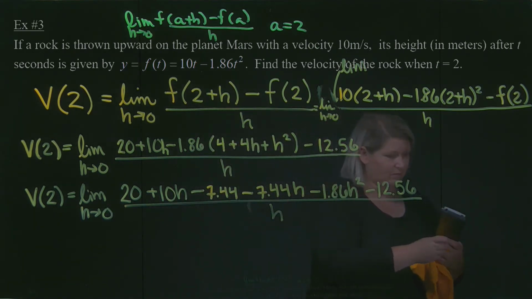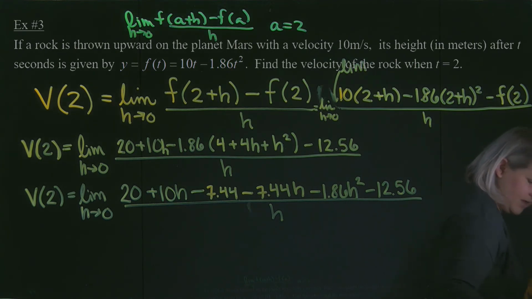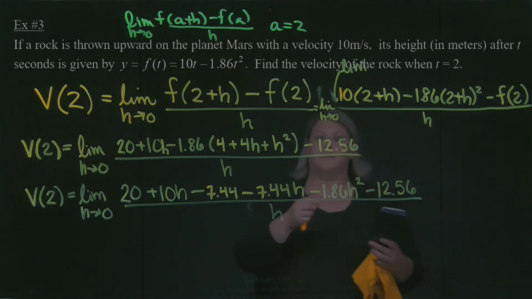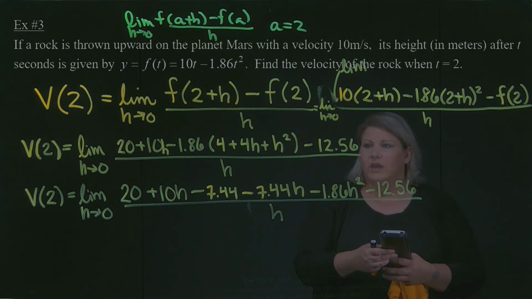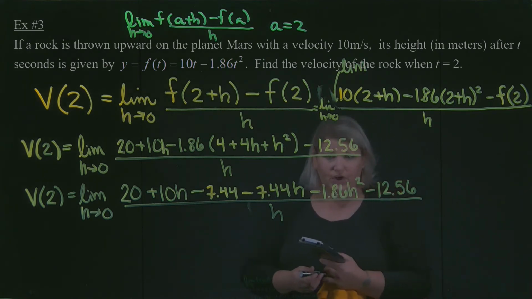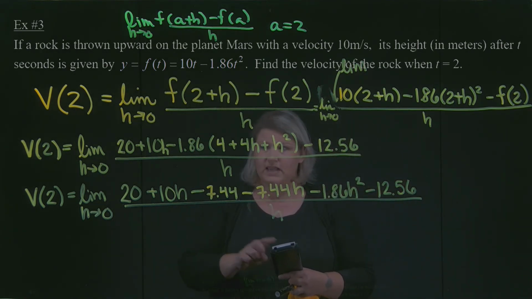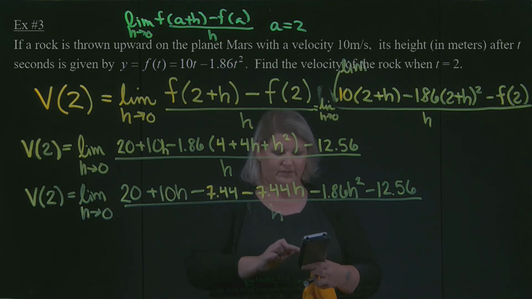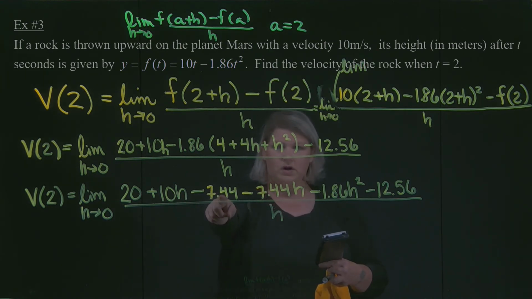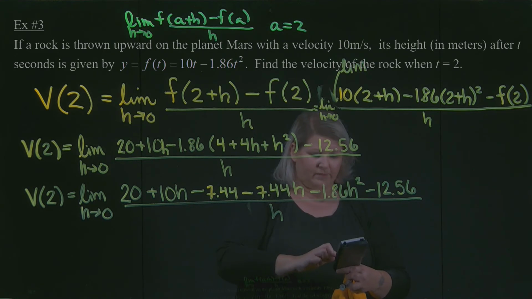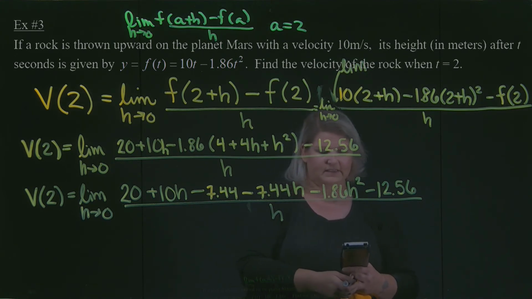Time for a different orange marker. I've already gone through 2 and I've only started 1 problem. Okay, now I'm going to combine like terms. I've got 20, and I'm going to subtract from that 7.44, and then I'm going to subtract from that 12.56.